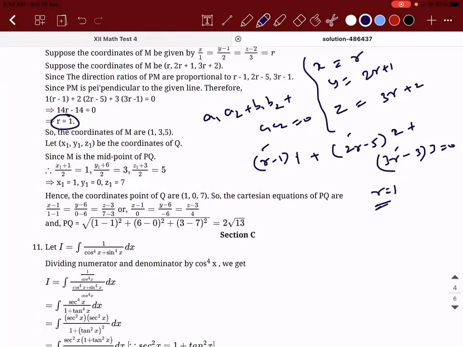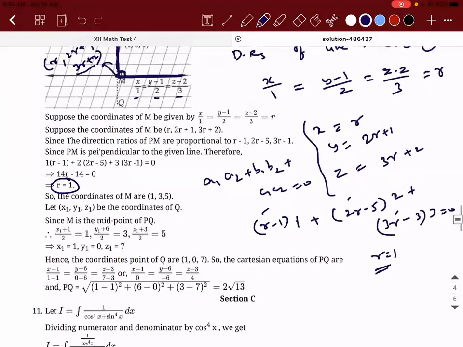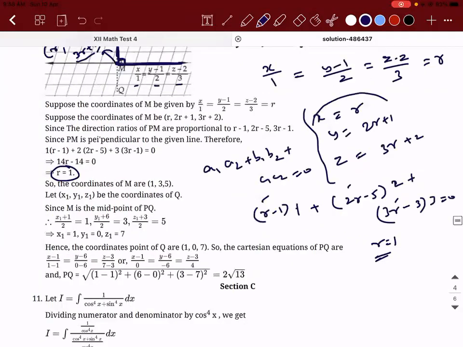So when I get r is equal to 1, you take this and substitute in this point. Then you will get the point as 1, 3, and 5. Right? That is the coordinate of the foot of the perpendicular. Please understand, you got only the foot of the perpendicular, but the question is about the image. That is x1, y1, z1.